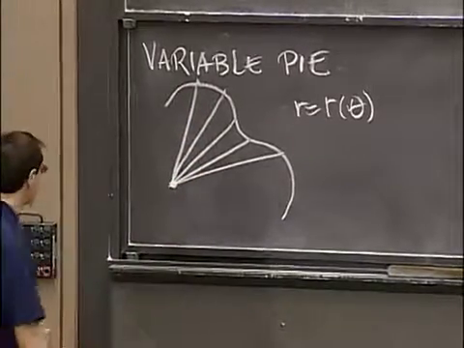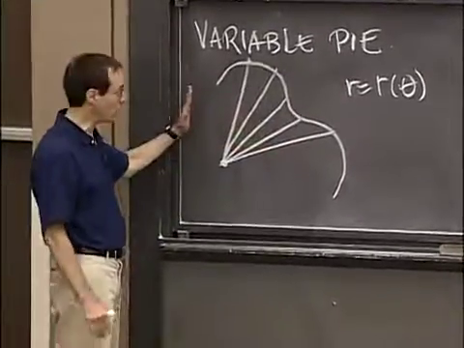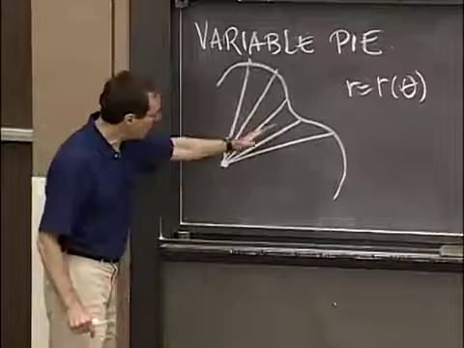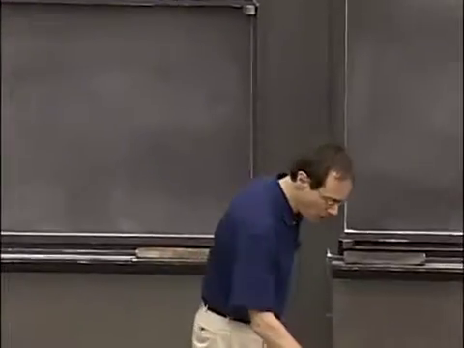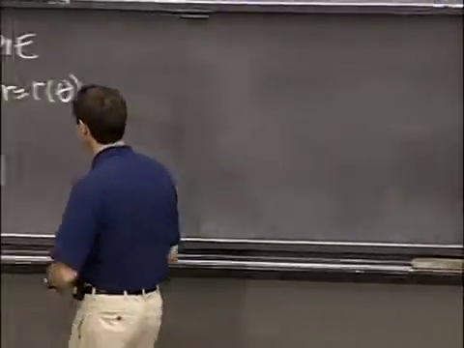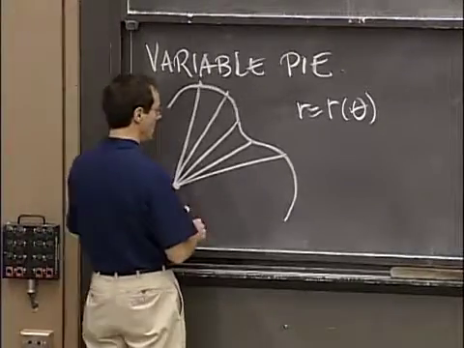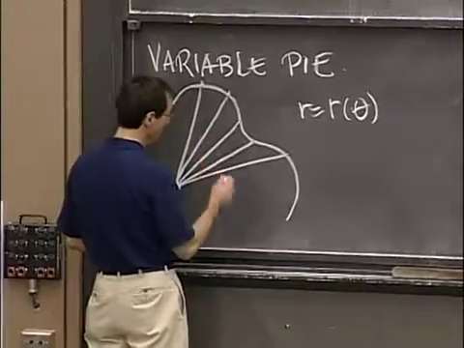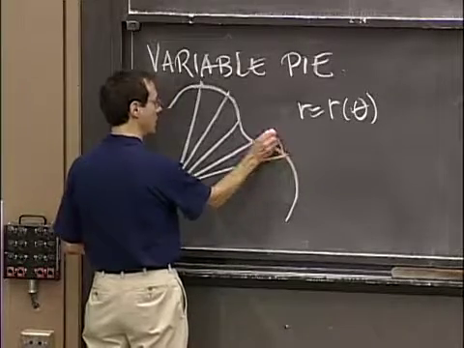Now the idea for adding up the total area of this piece that's swept out is to break it up into little slices whose areas are almost easy to calculate. Namely, I'm going to take these little circular arcs.